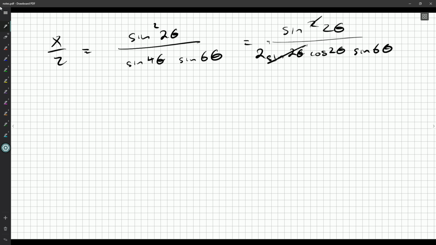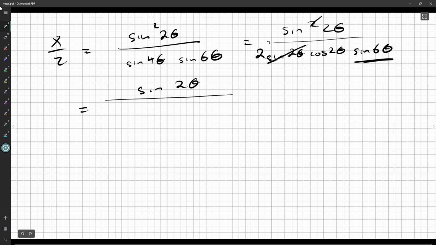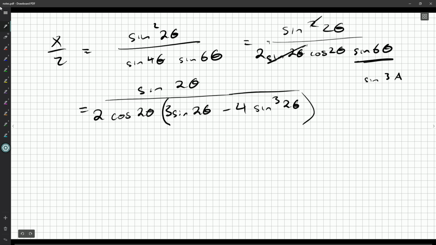I still have a sine 2 theta, but this is sine 3 of 2 theta. And we know that sine of 3 times a was 3 sine of a minus 4 sine cubed of a.